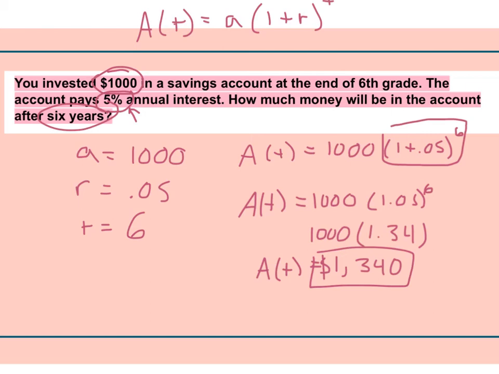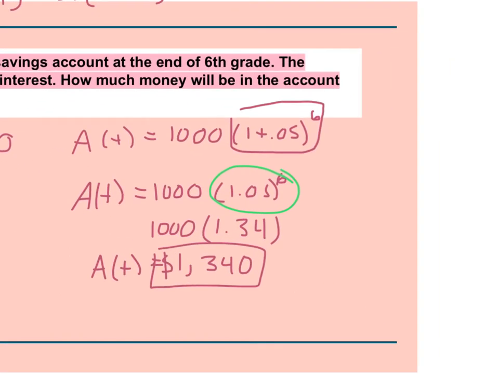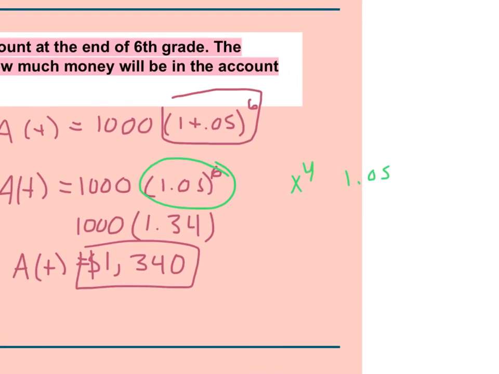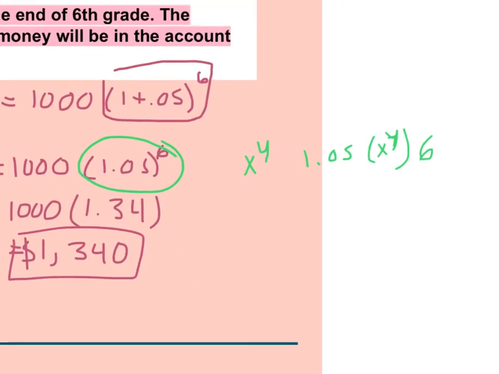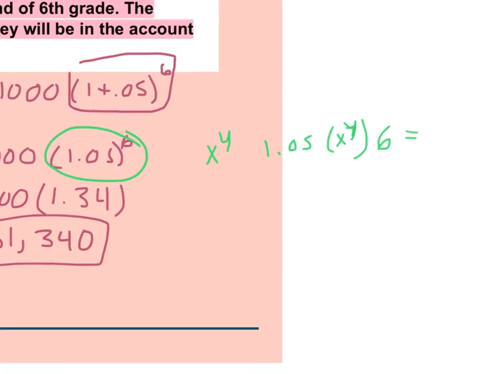When putting this part into the calculator, on the phone calculator, there's a button that has x raised to the y. So the way you would do it would be you type in 1.05 and then you push that button, x raised to the y, and then you would put 6 and then you just click the equal button and then it would give you 1.340.